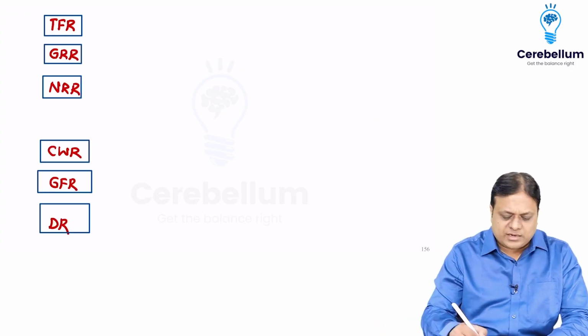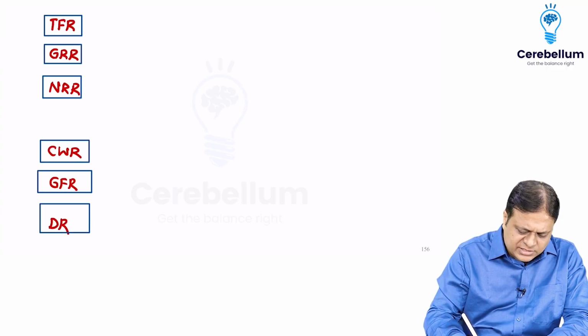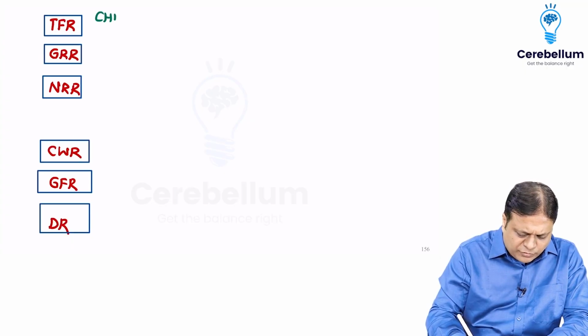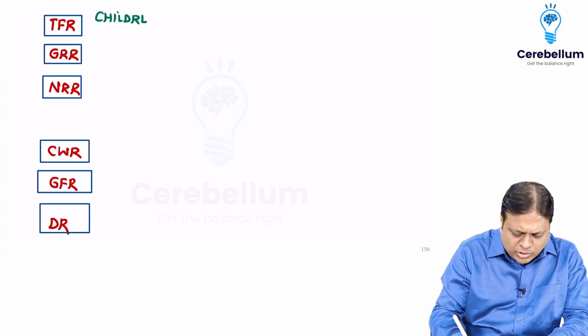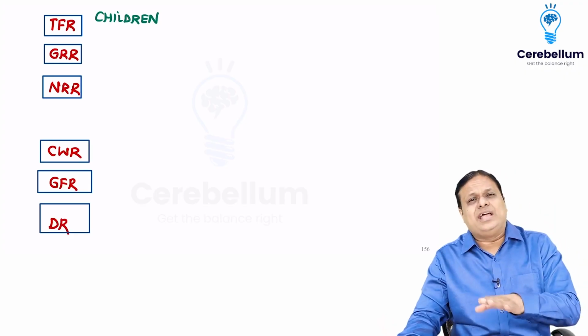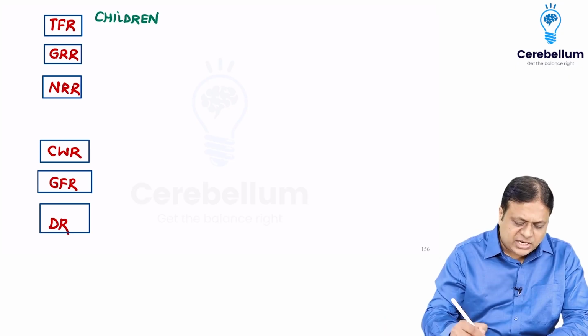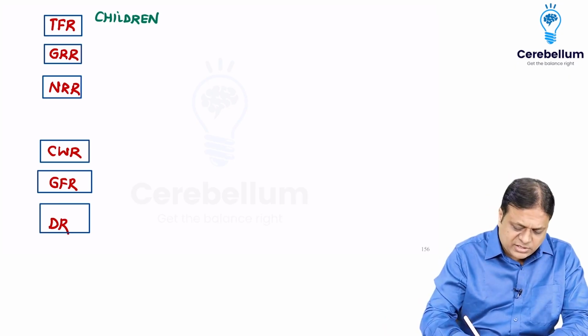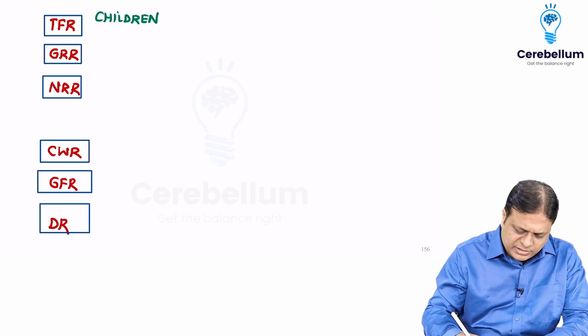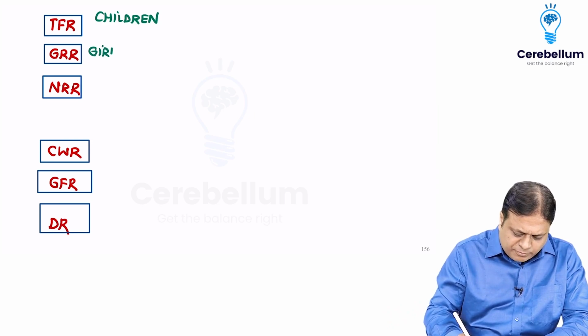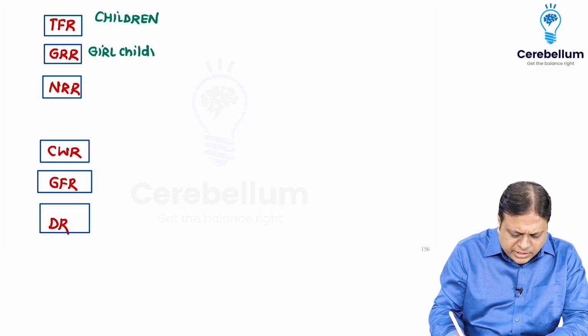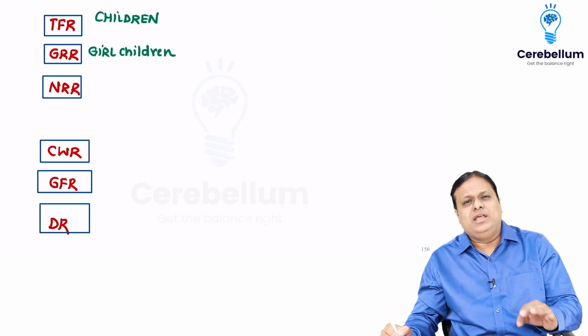TFR, GRR, NRR. Total fertility rate is the total number of children born to a couple in their entire reproductive lifespan. GRR, gross reproduction rate, is the total number of girl children born to a couple in their entire reproductive lifespan.